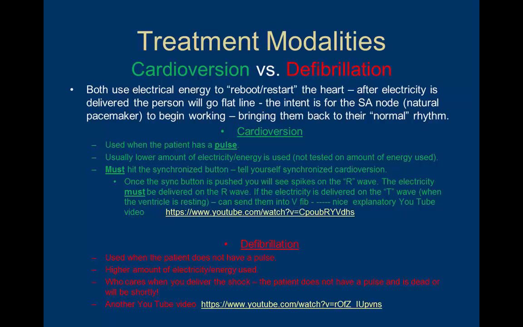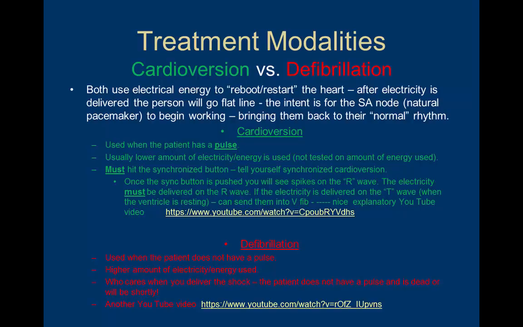It's the same thing with the heart. When we use either synchronized cardioversion or defibrillation, we are giving the patient electricity, and the hope is that when you deliver this electrical impulse, the heart will stop. They'll go flat line. And then the hope is that the SA node, which is the heart's natural pacemaker, will begin working normally, so they'll go back to some kind of normal rhythm.